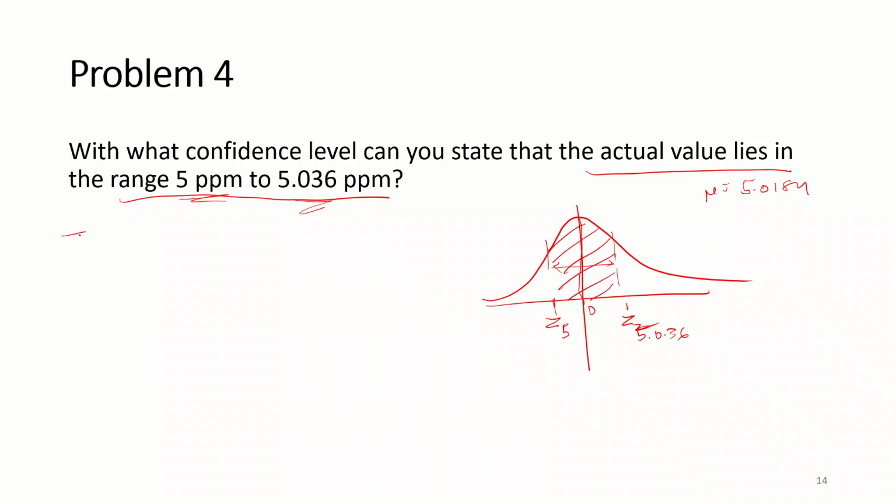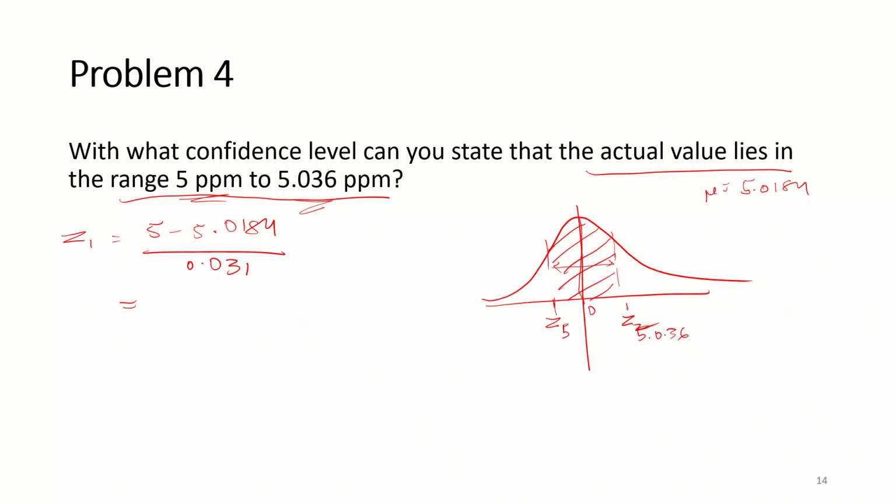So we find the z1, which is 5 minus 5.0184 divided by 0.31. This is the standard error. So what are you getting here?